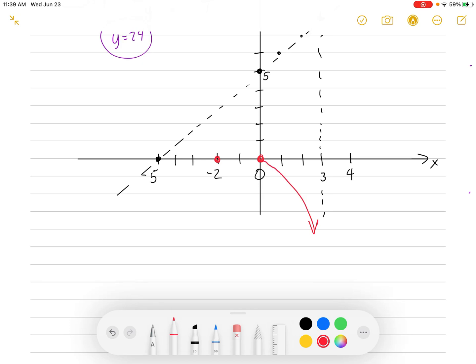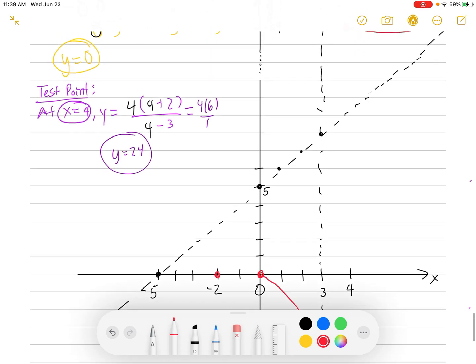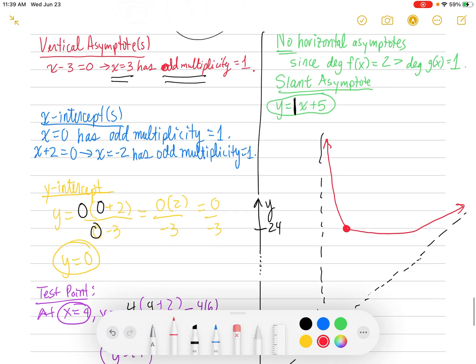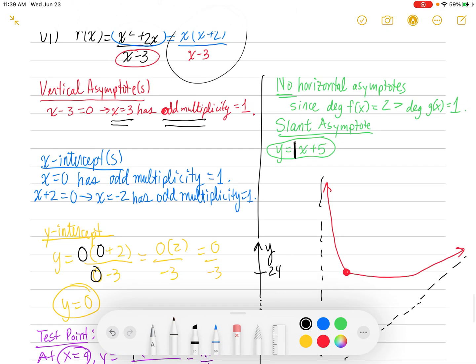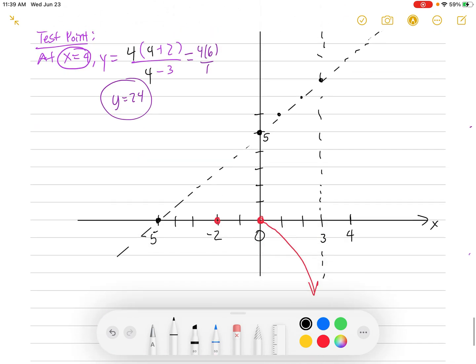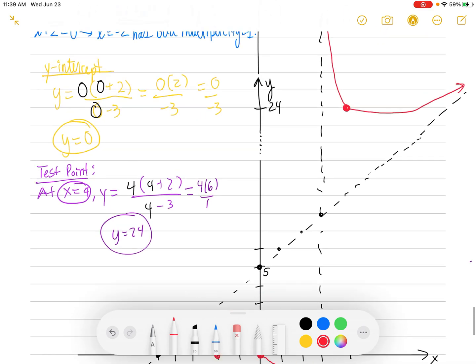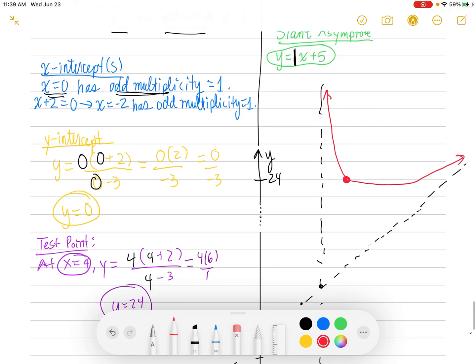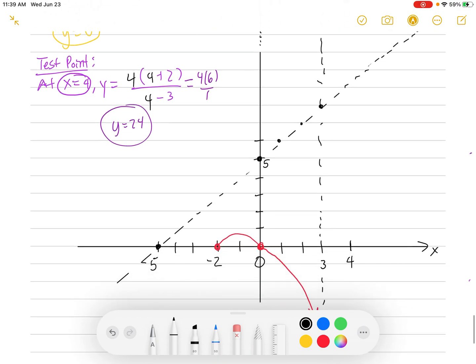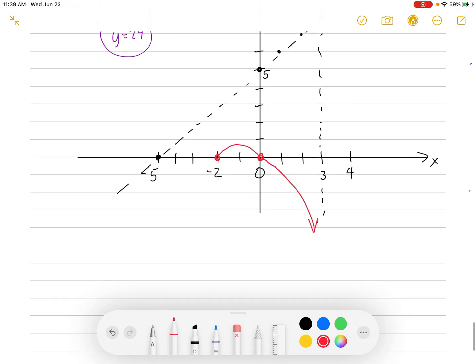So it was going up on the right side of 3, so on the left side of 3 it's going down here, and that has to connect to the x and y intercept there. And at 0, remember when you had an x-intercept of 0, that one had odd multiplicity, so you're going to go across, and that has to connect to -2, the x-intercept of -2.